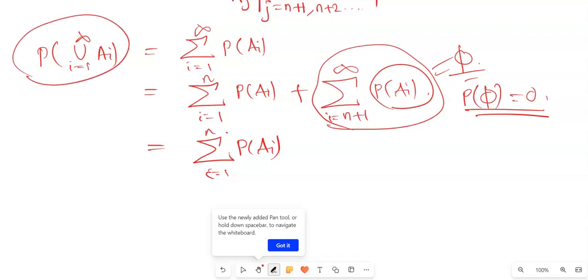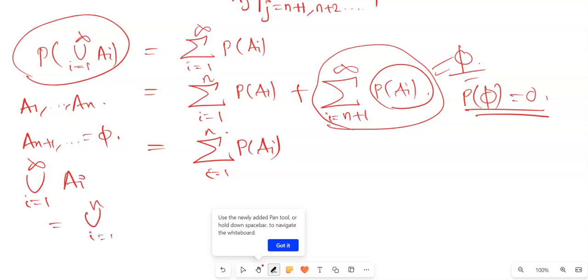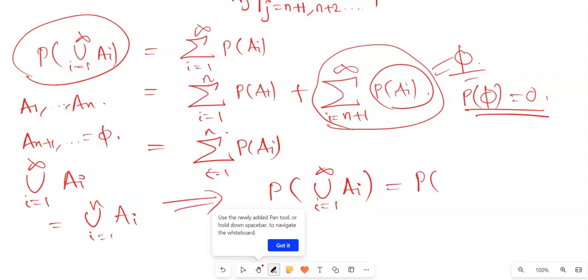And here also, as we have considered A1 to An as our finite sets and the rest An plus 1 onwards as phi, the union of i is equal to 1 to infinity of Ai is the same as the union of i is equal to 1 to n of Ai. Hence, we can write the probability of union of Ai ranging from 1 to infinity as the same as the probability of union of Ai ranging from 1 to n. This is my equation 1. This is my equation 2.